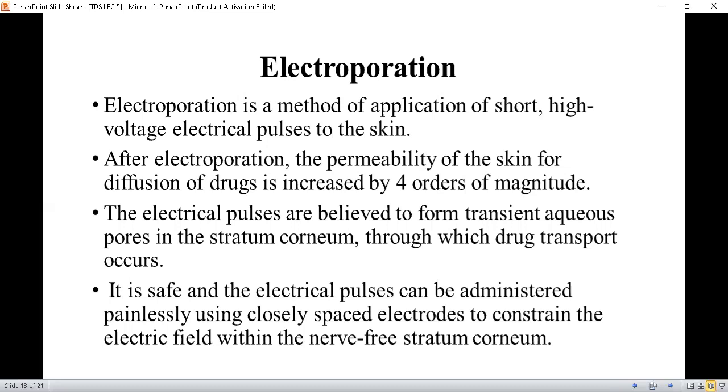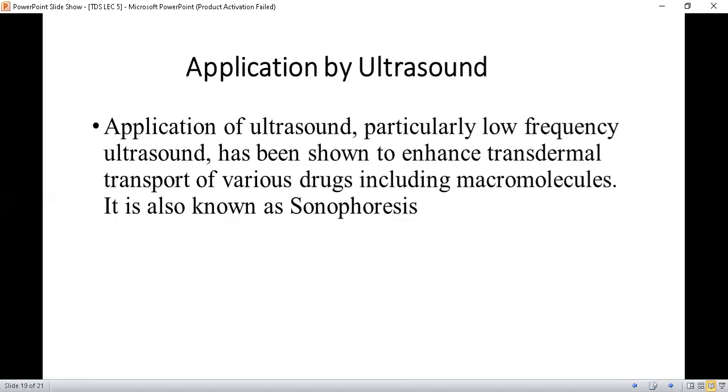So students, this is another method in which we also apply electric current, but in the form of pulses, and this would ultimately increase the permeability of the skin. How does it increase it? By producing transient aqueous pores in the stratum corneum that will ultimately increase the absorption of drug. The next method is the application of ultrasound.